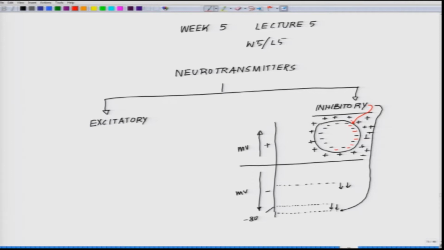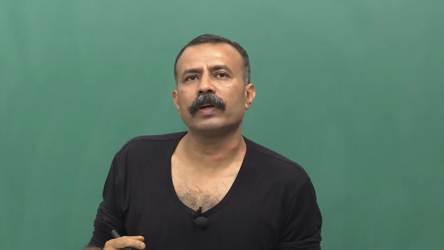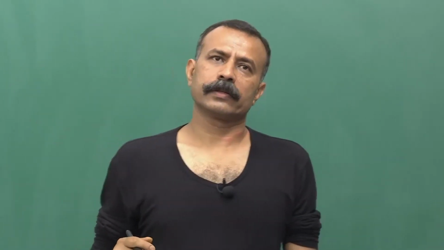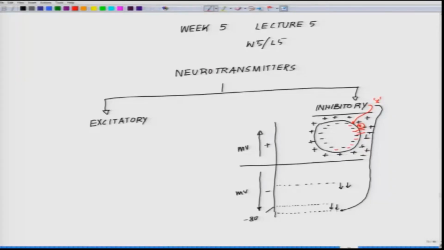How does it do so? When an inhibitory neurotransmitter, say X, comes and binds on the surface of the cell, it opens up channels which allow the influx of anions, or negatively charged ions. This opens up a gate which allows the negatively charged ions to get inside the cell.